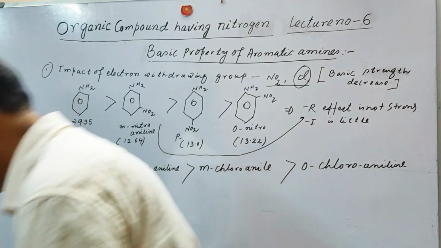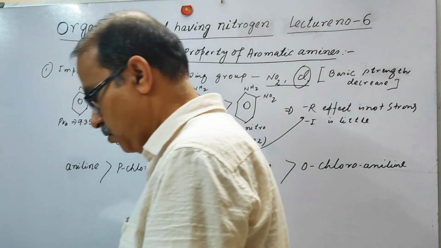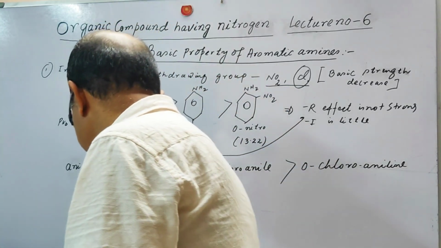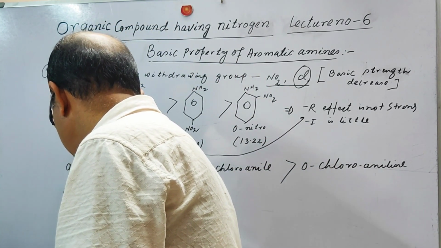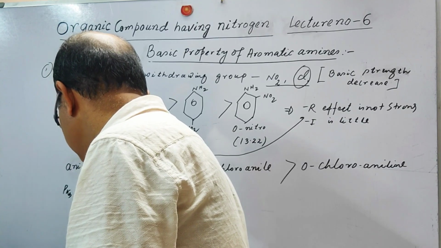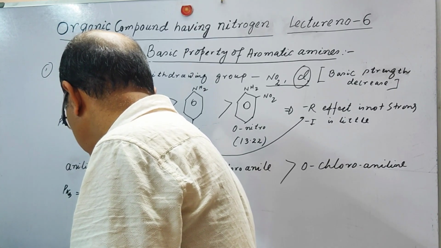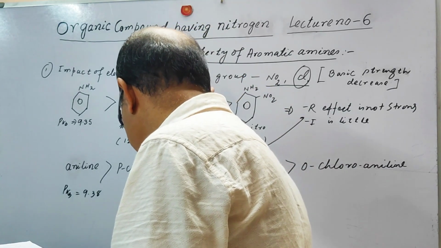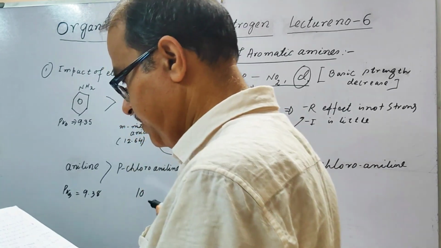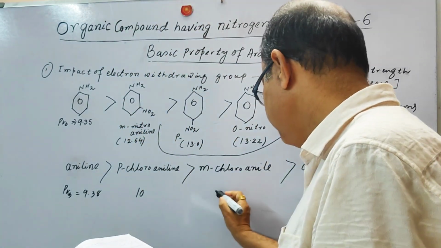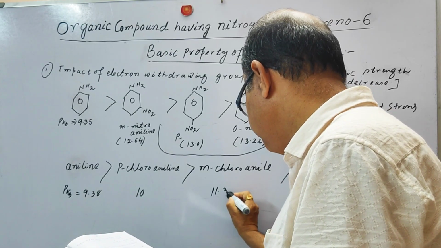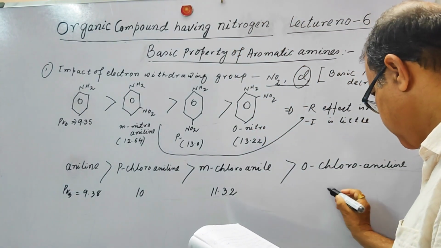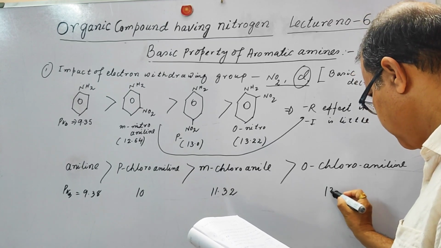If you see the pKb values, the pKb value of aniline is 9.38. Then the pKb value of para-chloro is 10. Then meta-chloro is 11.32, and ortho-chloroaniline is 13.3.